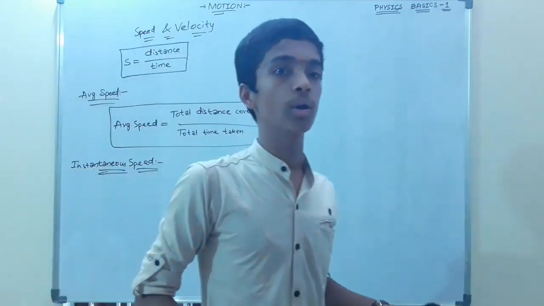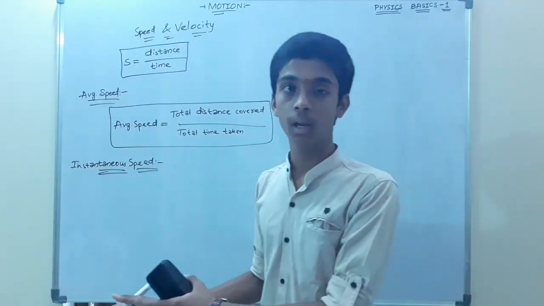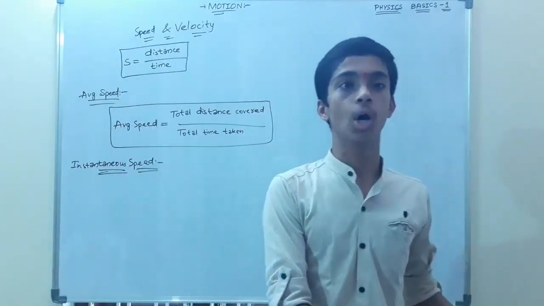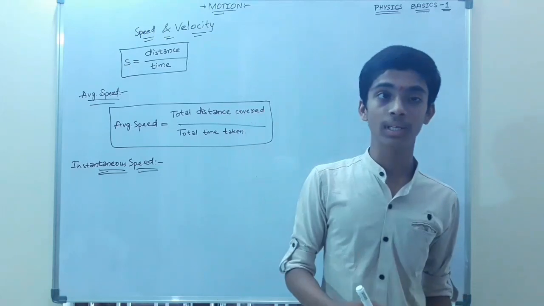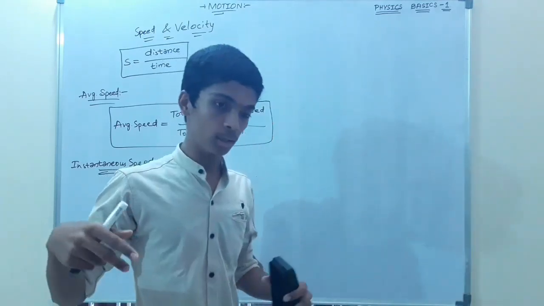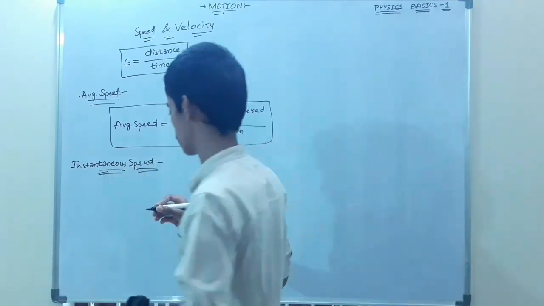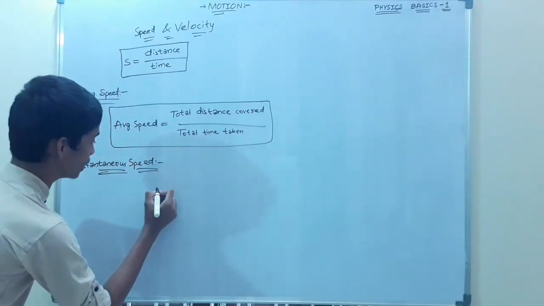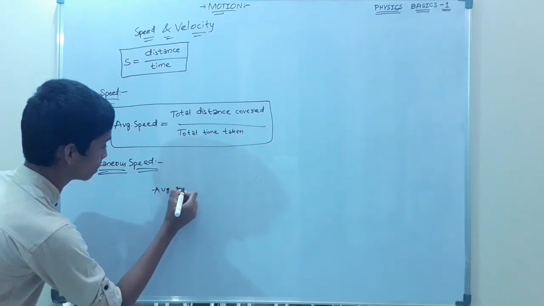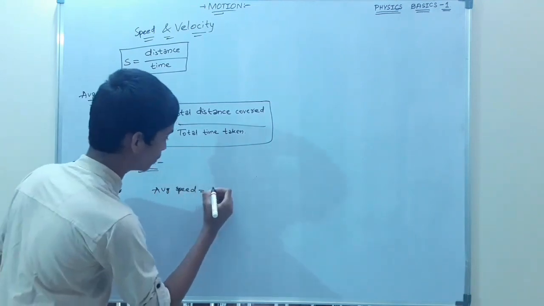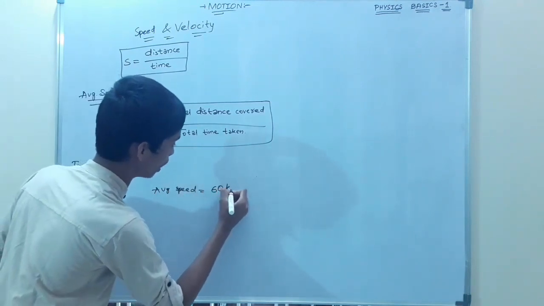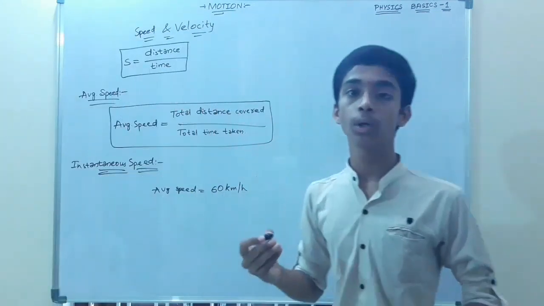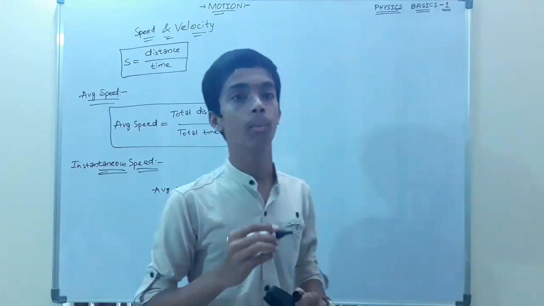When a person is going from office to his home, let's take an observation that the person traveled with an average speed of 60 km per hour to travel from office to home.